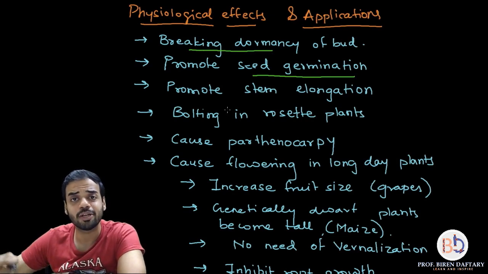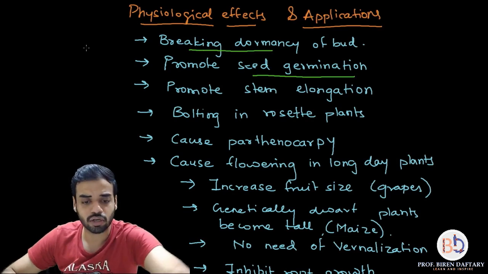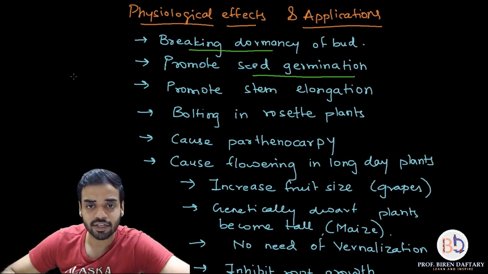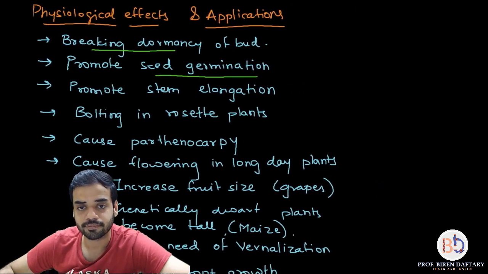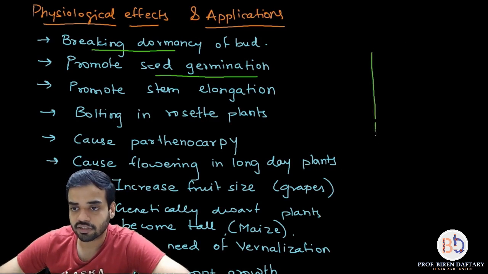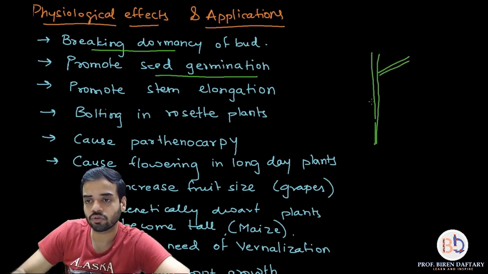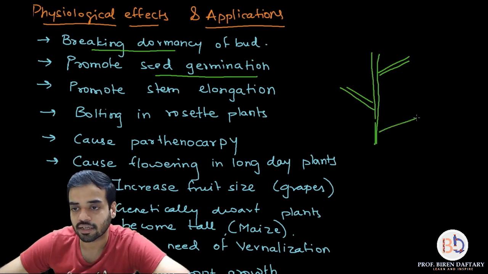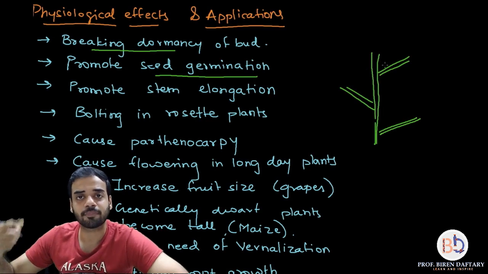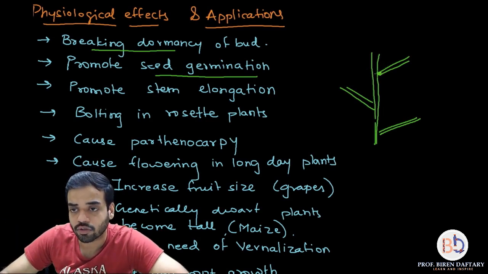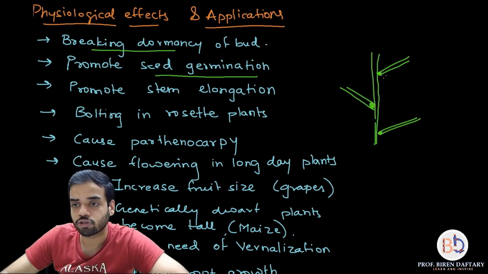Now how does this stem elongation occur? That is very important. I shouldn't have rubbed that diagram. Anyway, if this is your stem, and this is one bud which has grown, this is another bud which has grown, and this is another bud which has grown, then please remember these buds from where these other parts grow. These buds are also called nodes.